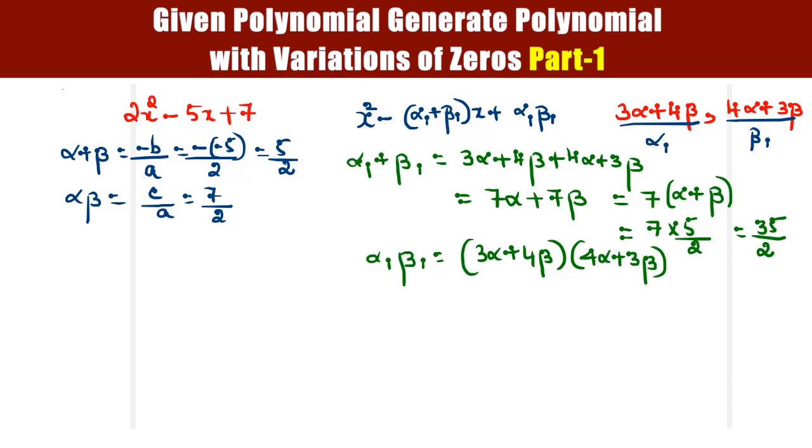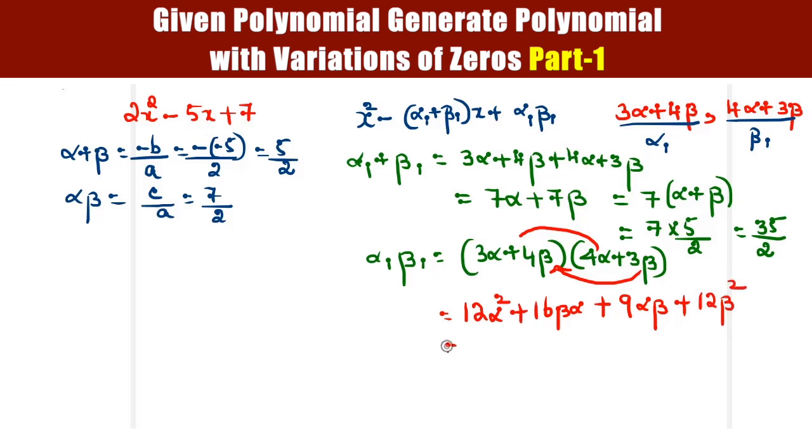Here, we are going to do a term-wise multiplication, so essentially you should get 4 terms as an output. 4 alpha with 3 alpha is going to be 12 alpha square, plus 4 alpha into 4 beta is 16 beta alpha, plus 3 beta into 3 alpha is 9 alpha beta, plus 3 into 4, 12 beta square.